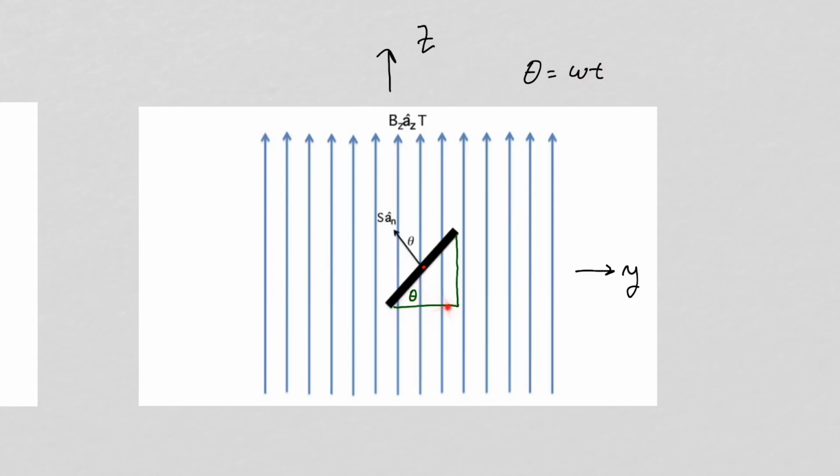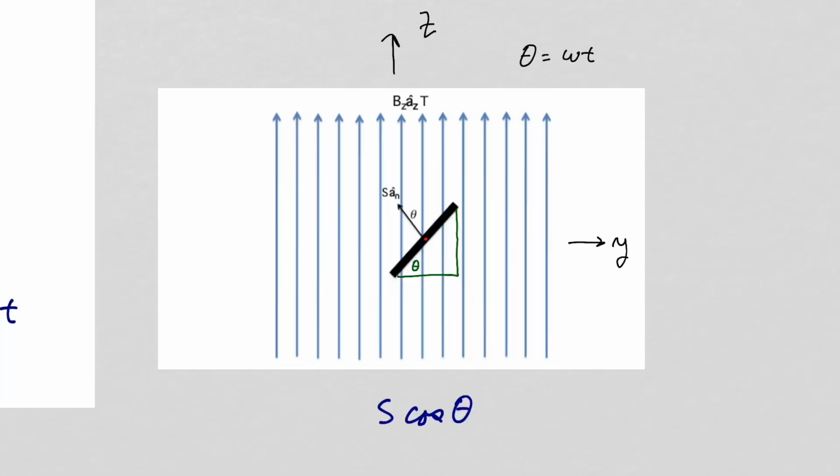So if I form this right triangle where the coil's surface is the hypotenuse, this angle in here is also theta. The value of this side of the triangle will be the surface area that's perpendicular to the flux. That will be S times the cosine of theta.